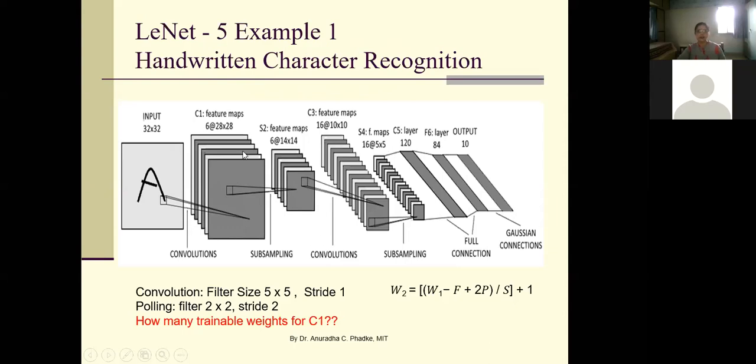Here you have one convolution layer, then a subsampling layer or pooling layer, again one more convolution layer, then one more pooling layer, and after that you have fully connected layers, 3 fully connected layers with different numbers of nodes.